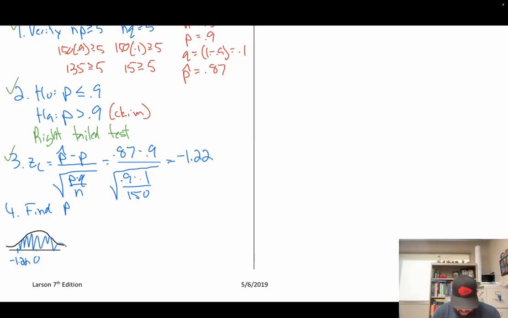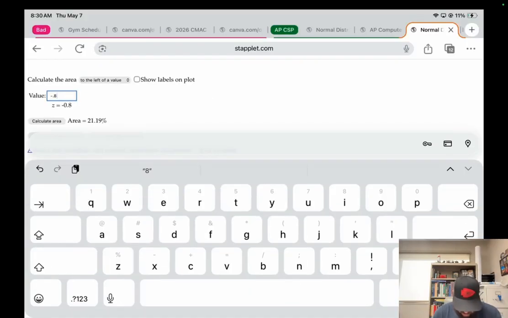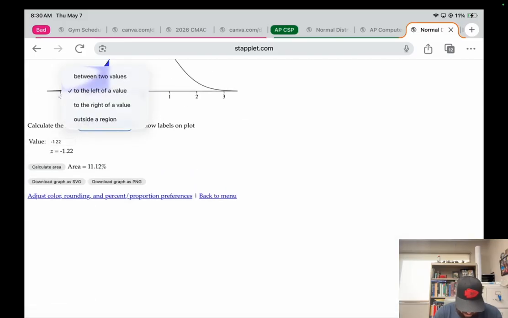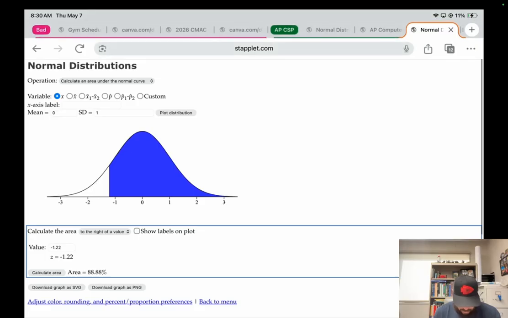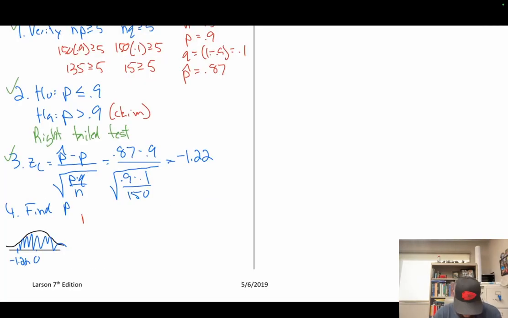So let's take that to Statplet now. Our new value is 1.22, and we want a right-tailed test this time. Okay, so we get that there, an area of 0.8888.